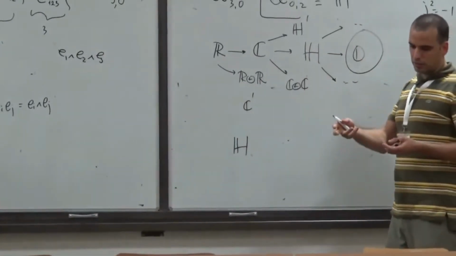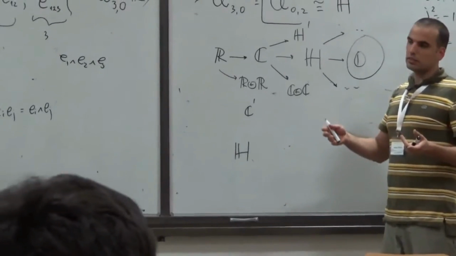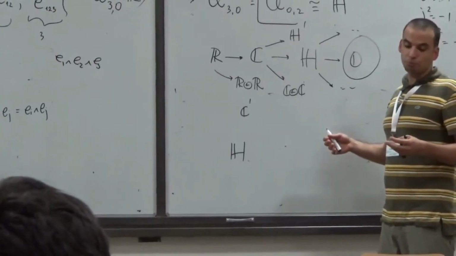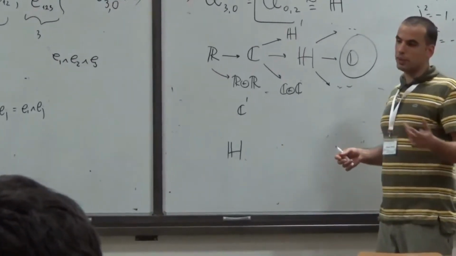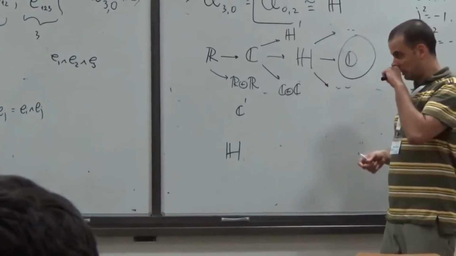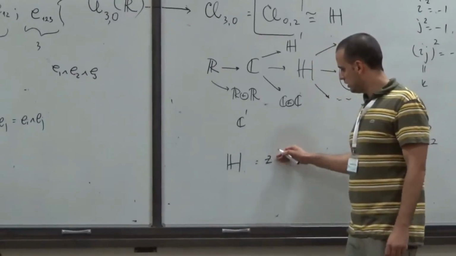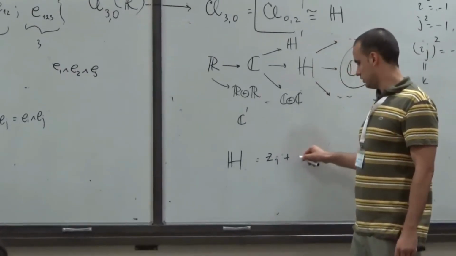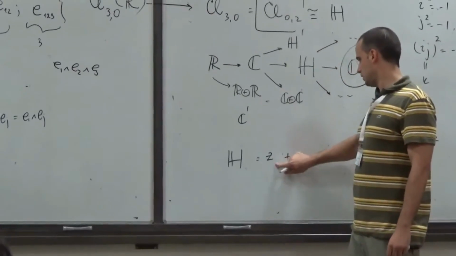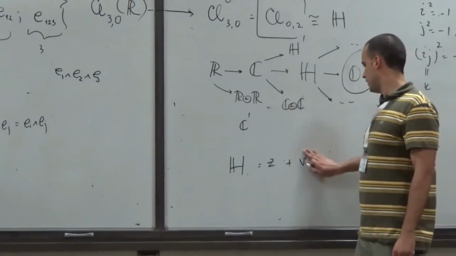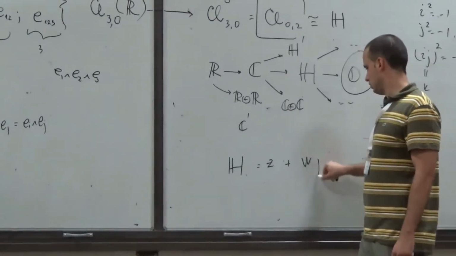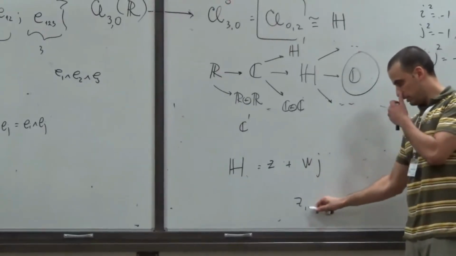the way you construct complex numbers from reals, and quaternions from complex numbers, right? So a quaternion can be written as Z plus, well, let's say, plus W J, where Z and W are complex numbers.